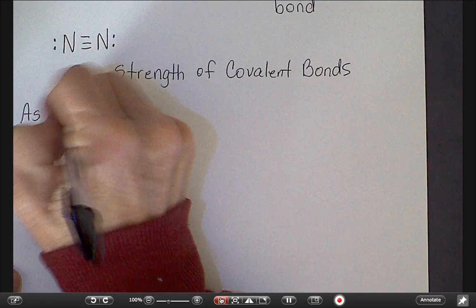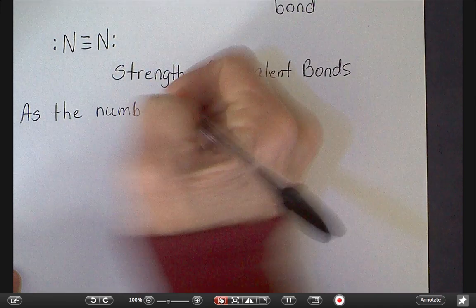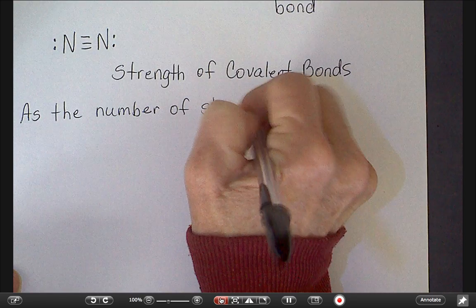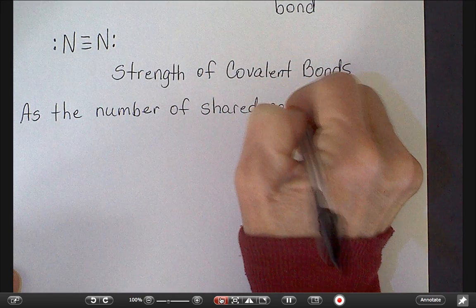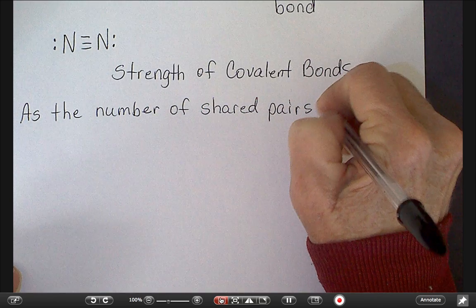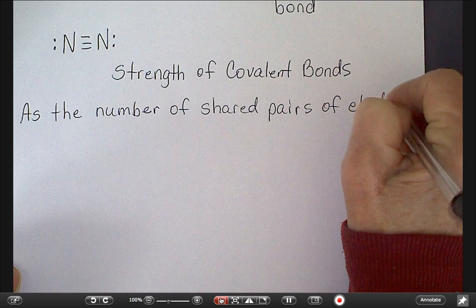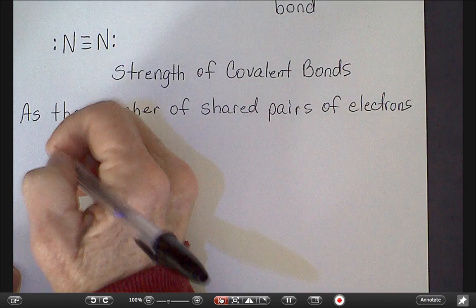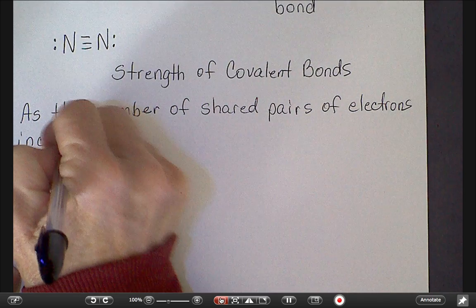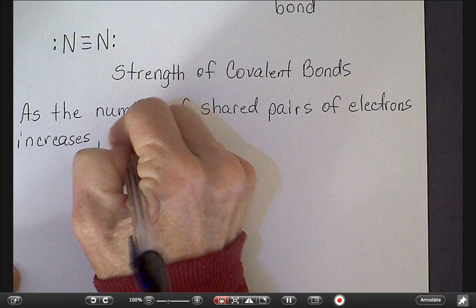As the number of shared pairs of electrons increases, bond length decreases.